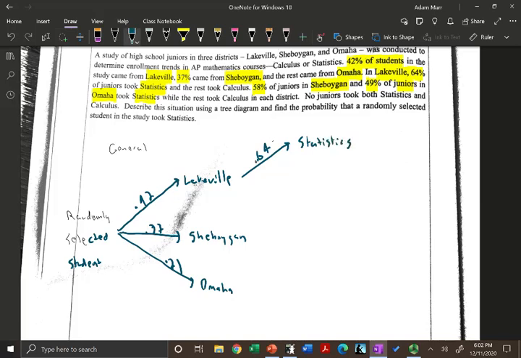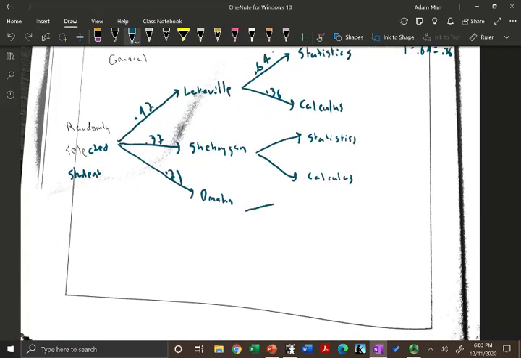Now the rest took calculus, so we say 1 minus 0.64, which gives us 0.36 took calculus. Just to make your life easier, I know that's going to be all the rest of them, statistics and calculus. And I'll do that for the third one as well.